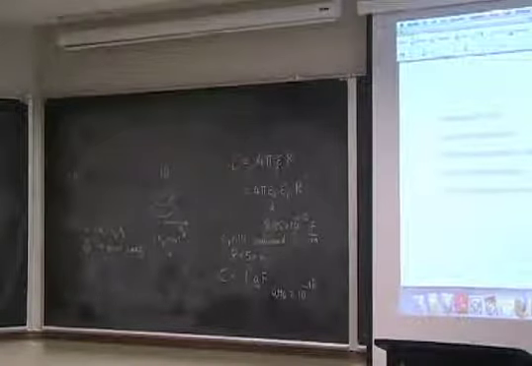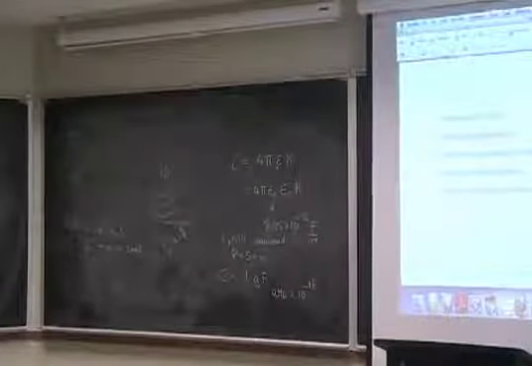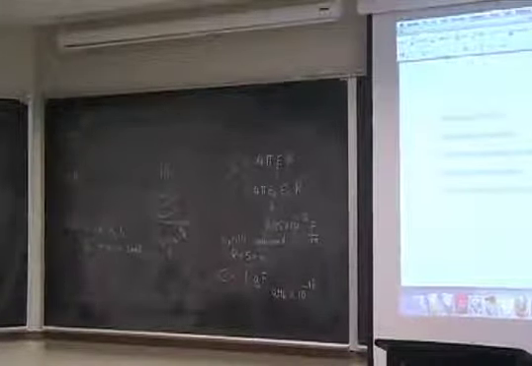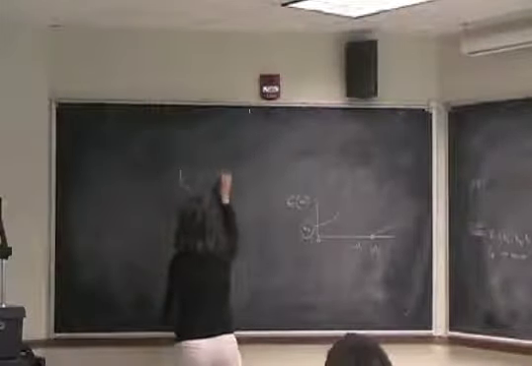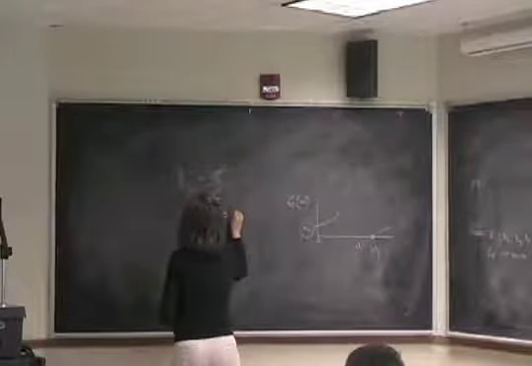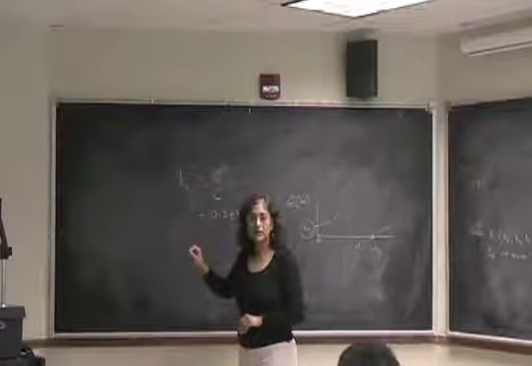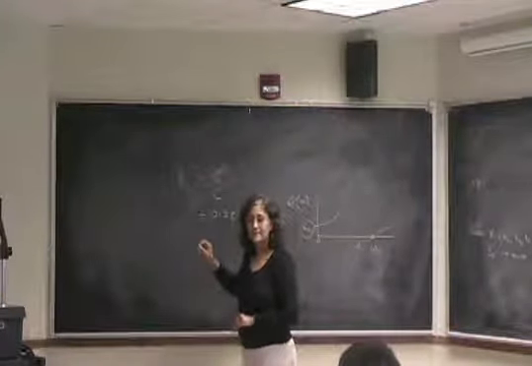Okay, very good. Now, what is the charging energy that you got? Did you try it, Ishan? The charging energy? So this would be e squared over C, and you got 0.3 electron volts? Is that what others got? What did you get? 0.01.